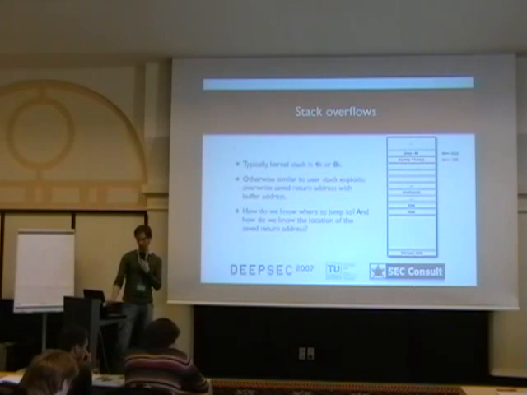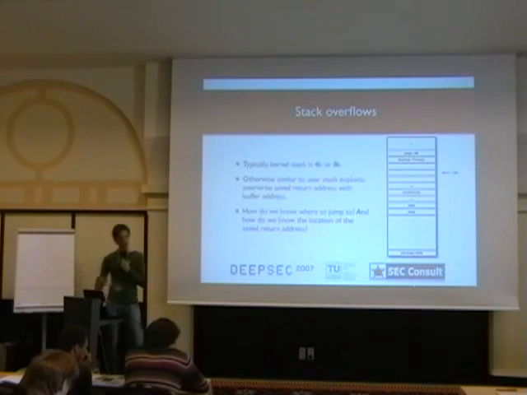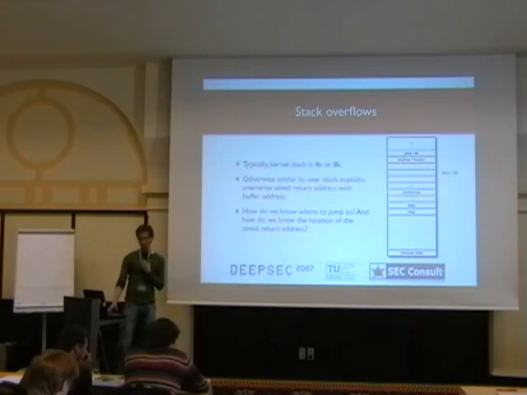And also you need to know where the return address is that you're overwriting, because we had it up here, but it could be down there also. And what if I don't know it? You could do a similar trick, and that is insert the address of return instructions in the kernel space.